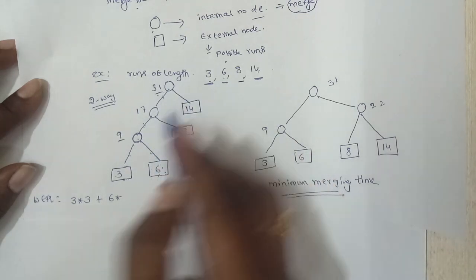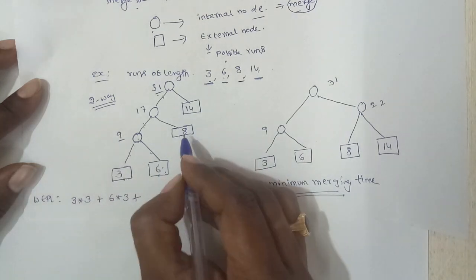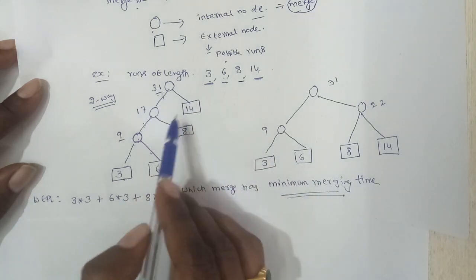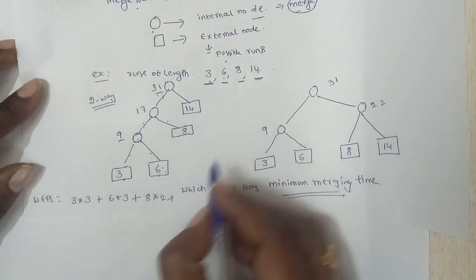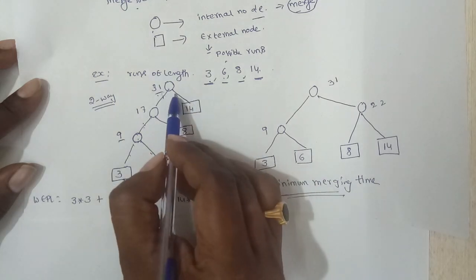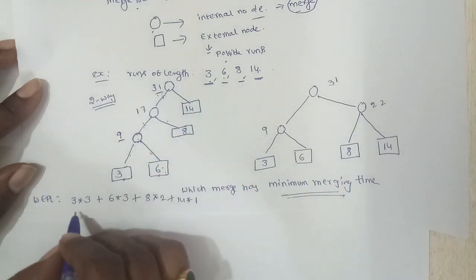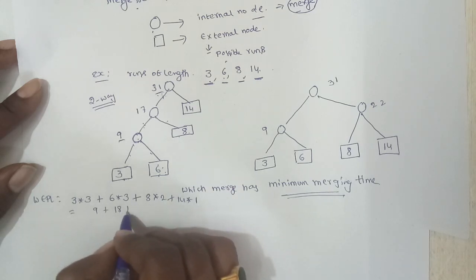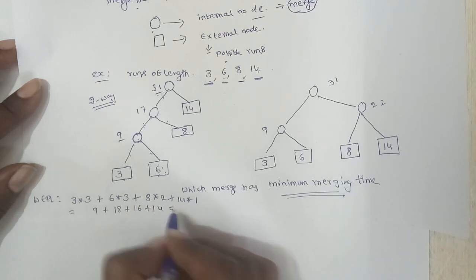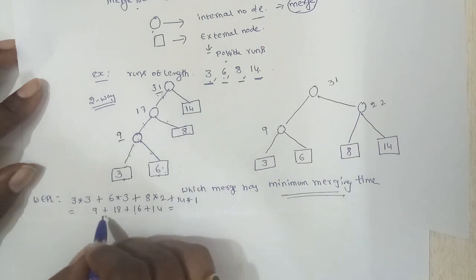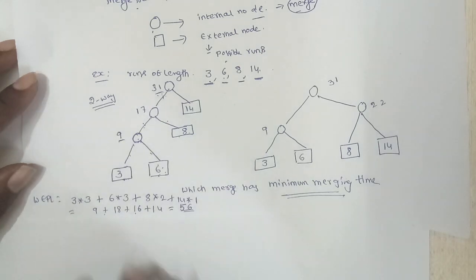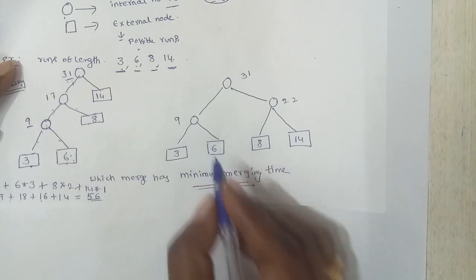Plus for node 8, into 2, plus 14 into only one path, 14 into 1. That is 9 plus 18 plus 16 plus 14. What is the sum? 30, 26, 56. The value is 56 for this tree. Similarly, calculate the value for the other tree.